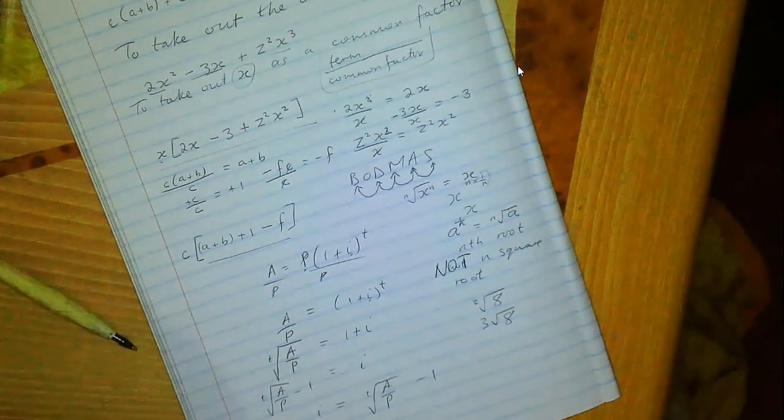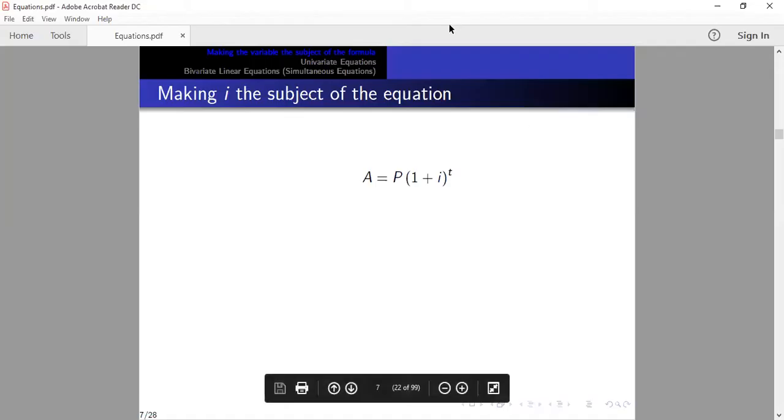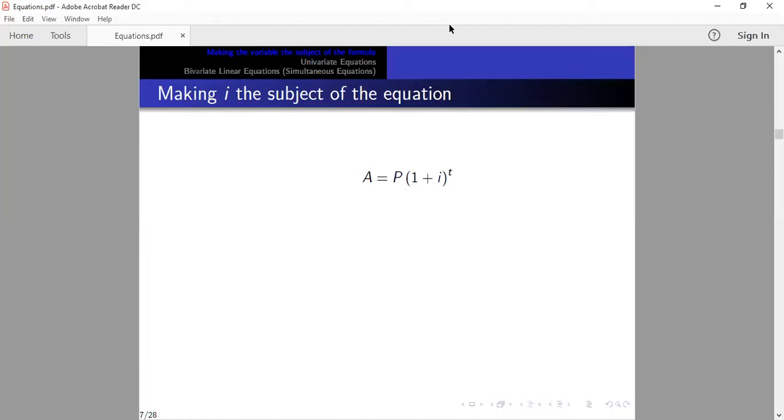Here I was trying to explain why we are going to do what I'm going to show you right now. So I said we divide by P, and 1 plus I to the power T. Remember, I just simply rearranged it. I said you can keep I on the left or keep I on the right. As long as I is standing alone, it doesn't really matter which side you put it on.